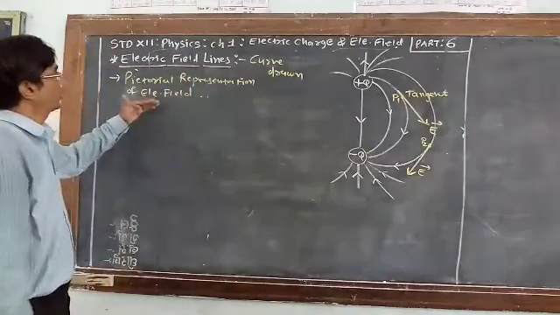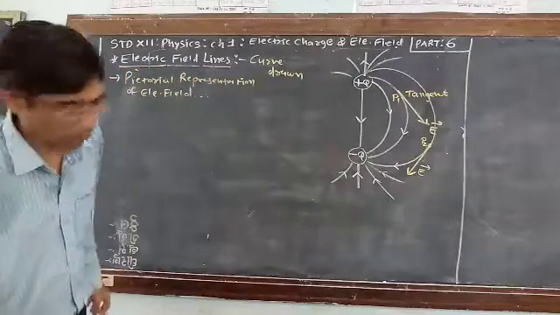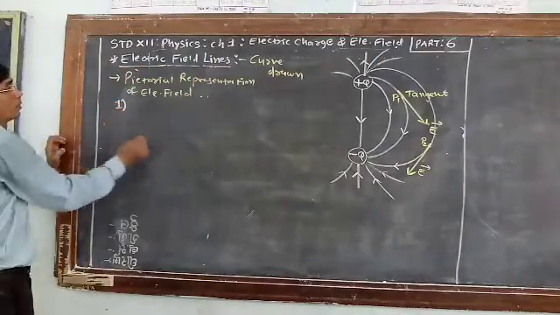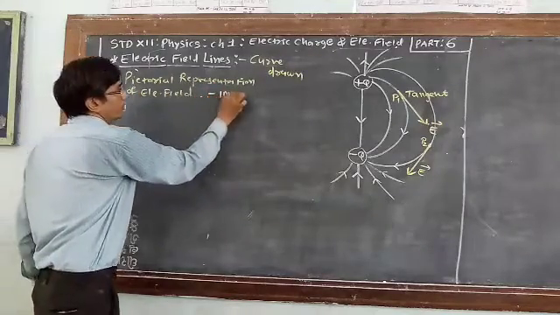So now we are taking the main points about the electric field lines. First point, it is a pictorial representation of the electric field and it is an imaginary concept.